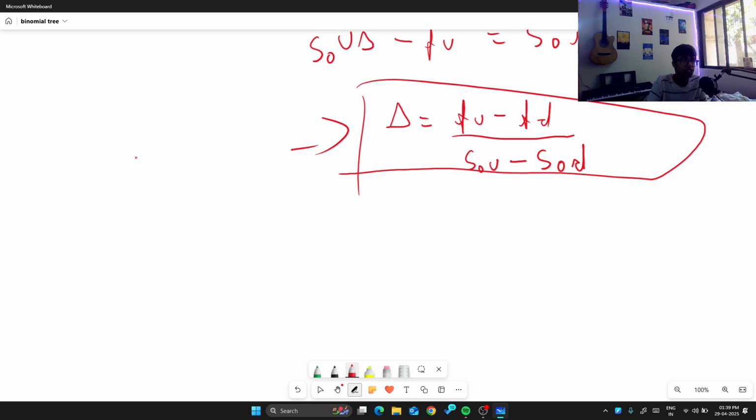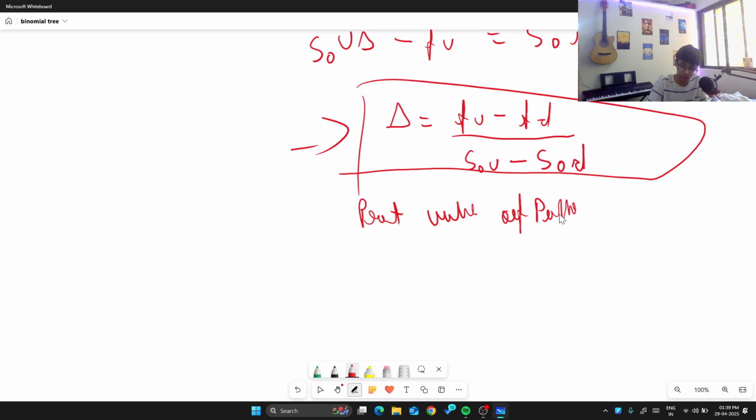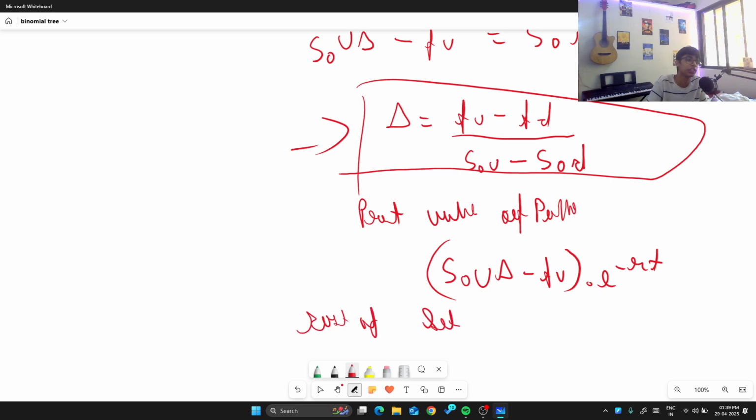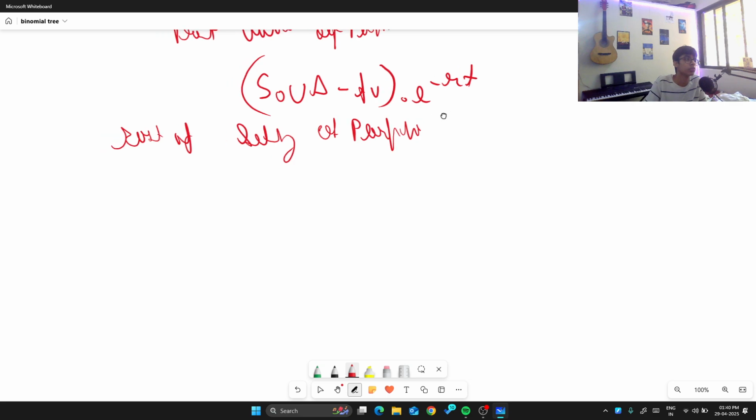And then we have to find the present value. The present value of the portfolio would be (S0 u delta minus f_u) times e to the minus rT, and the cost of setting up this portfolio is S0 delta minus f.